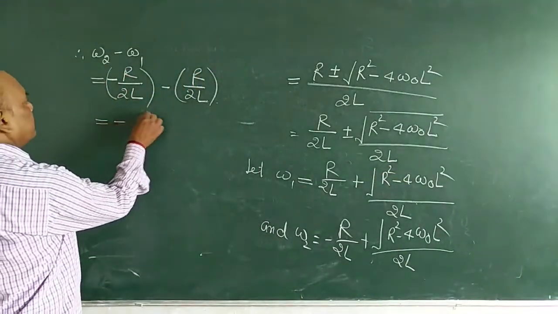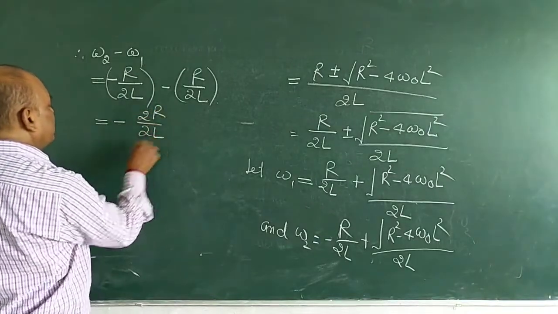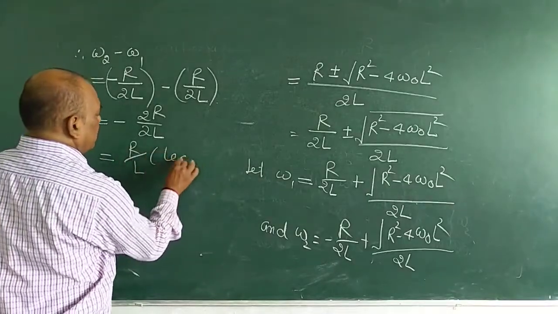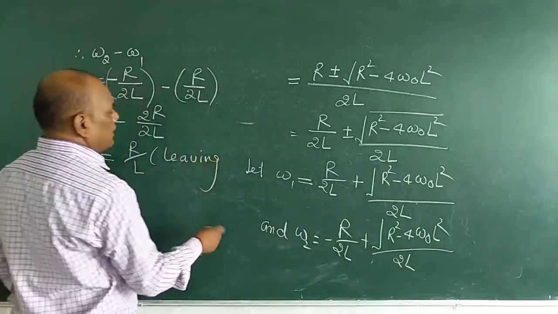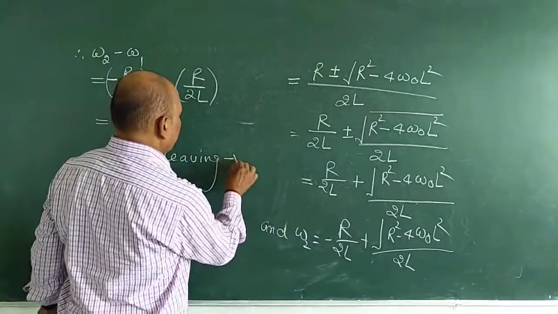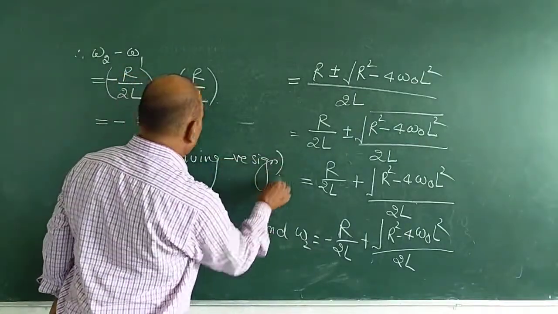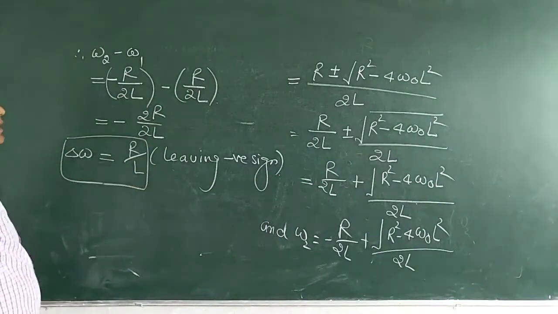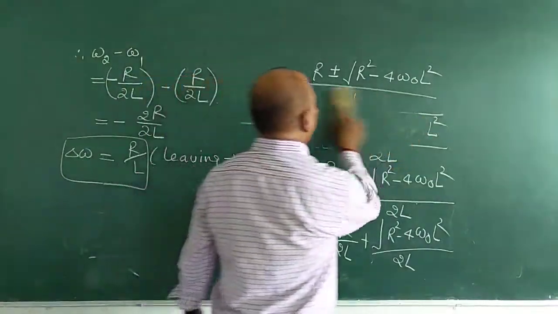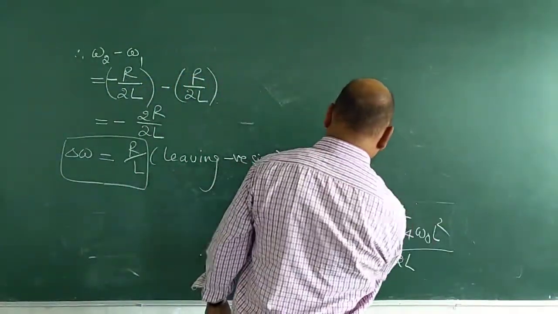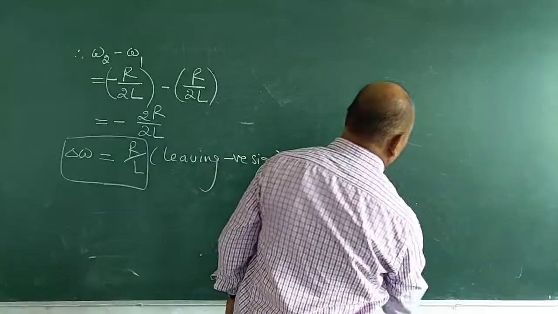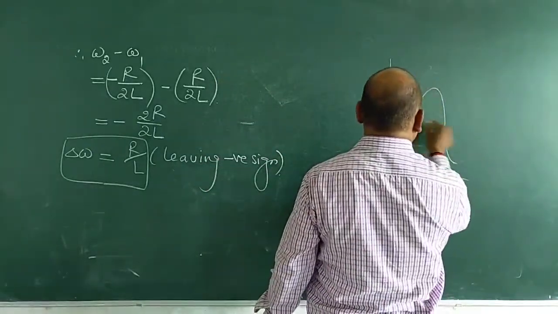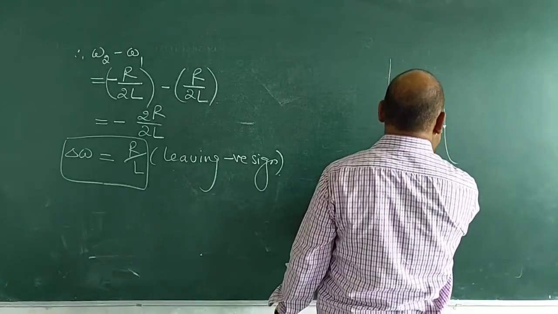We get 2R by 2L, so this will be R by L, leaving the negative sign. This is called delta omega. This delta omega is known as bandwidth. Here, between A and B, this is the bandwidth.